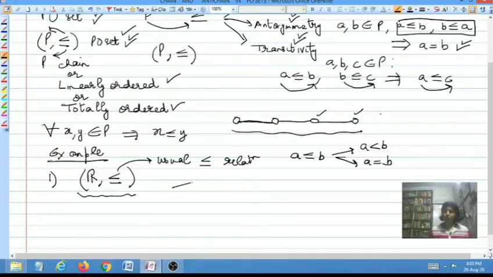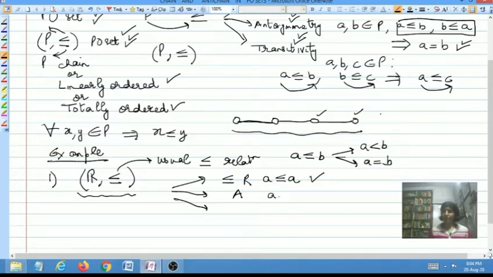Otherwise also, even if you don't see those videos, you can verify for yourself that with respect to the less than or equal to sign, every real number is related to itself, so reflexivity is satisfied.